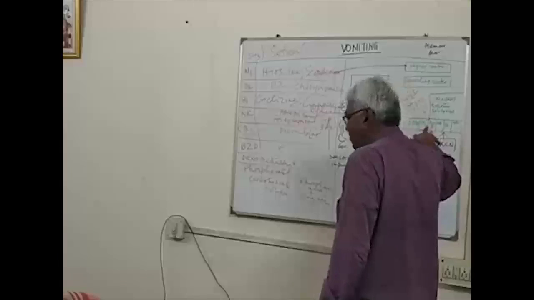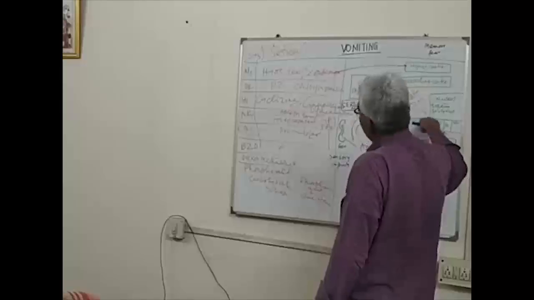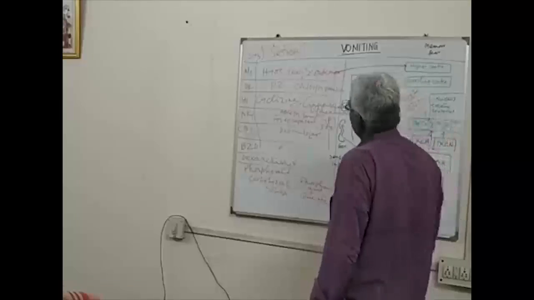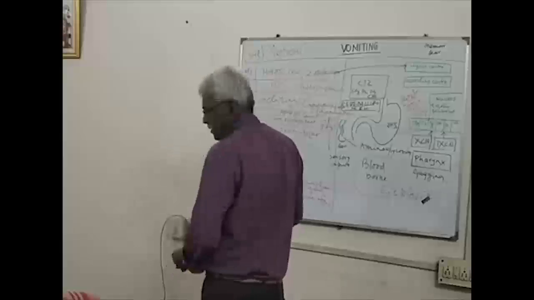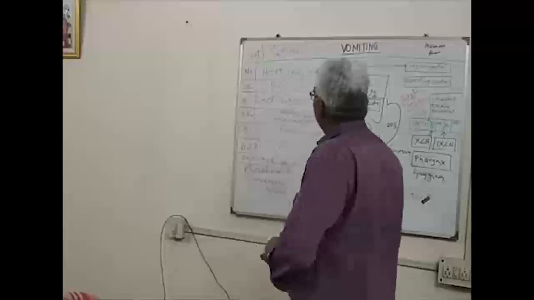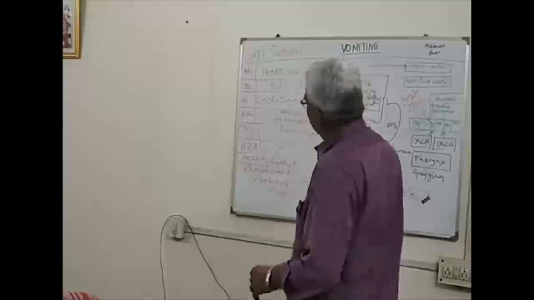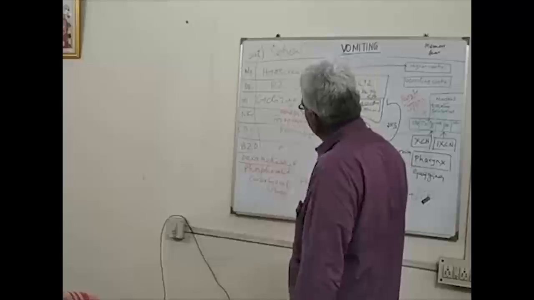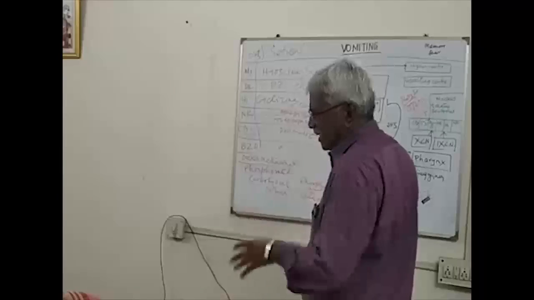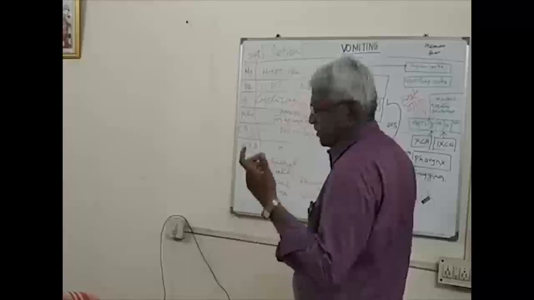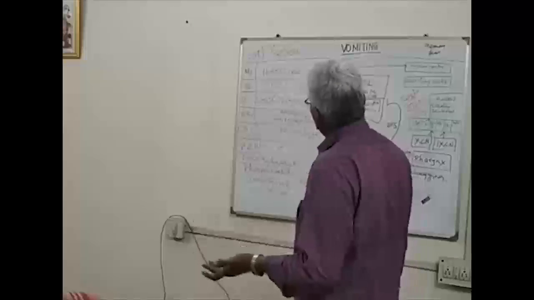You can take care of the vomiting if you can have an antagonist for those receptors. For 5-HT3, we have the setron group of drugs like granisetron, palonosetron, etc. Granisetron, ondansetron, some can be given by the oral route, some can be given by the parenteral route.